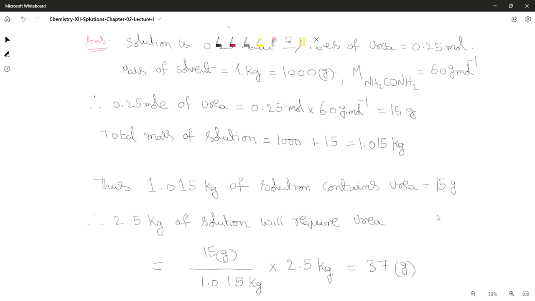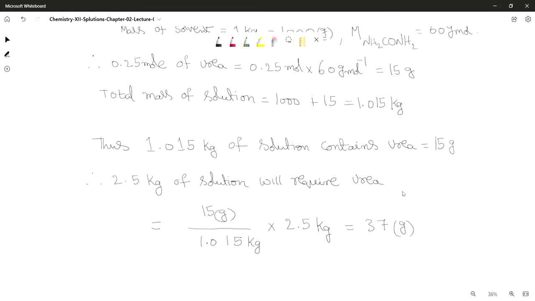So total mass of the solution is the mass of the solvent plus mass of the solute. So that works out to be 1.015 kg. Thus 1.015 kg of solution contains urea of 15 grams, and the rest of 1 kg is the mass of the solvent.